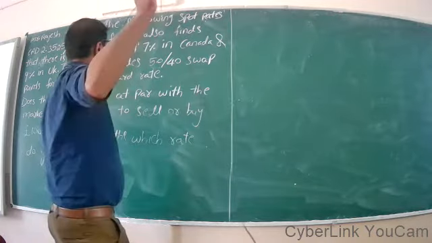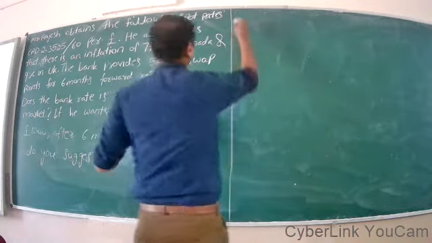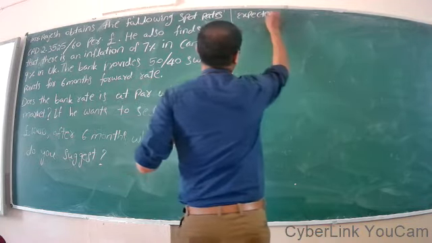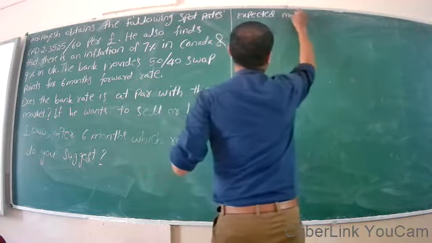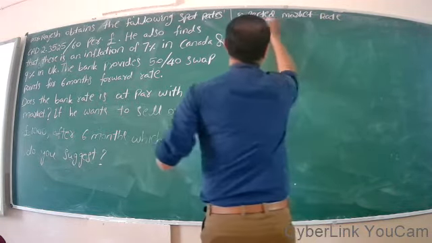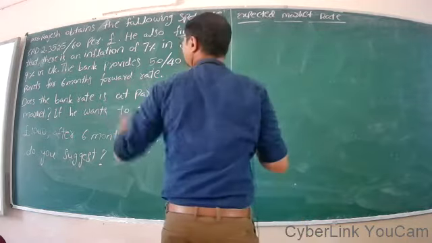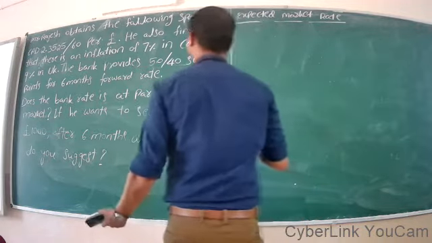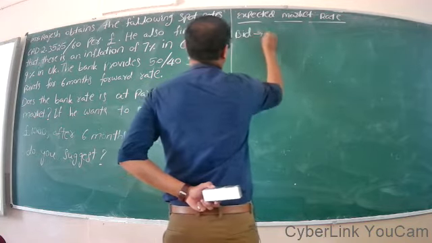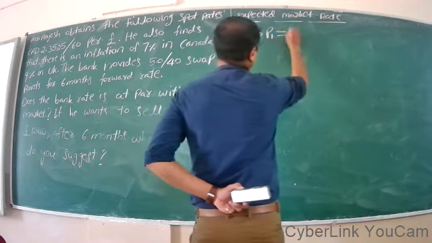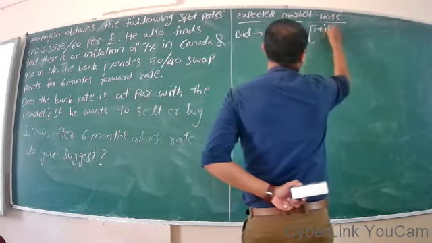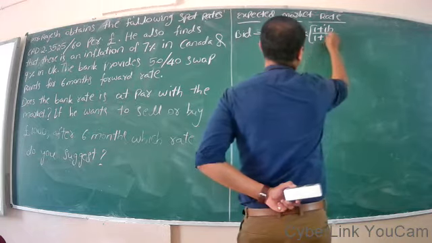Mr. Rajesh obtains the following rates. So, the expected or anticipated market rate with the help of the given information, bid price: P1 is equal to P0 multiplied by (1 plus IH) divided by (1 plus IF).